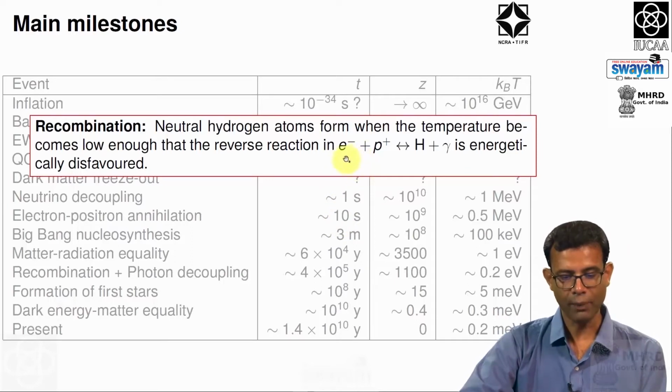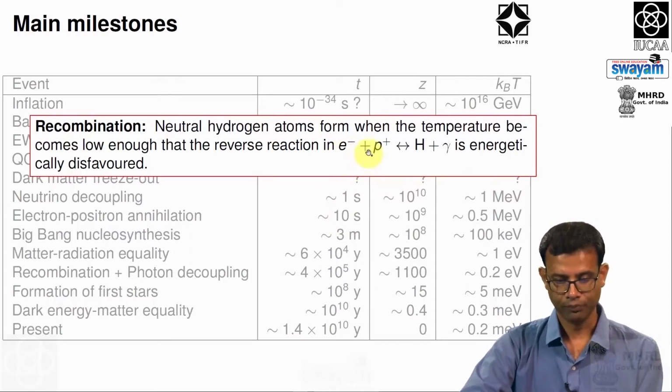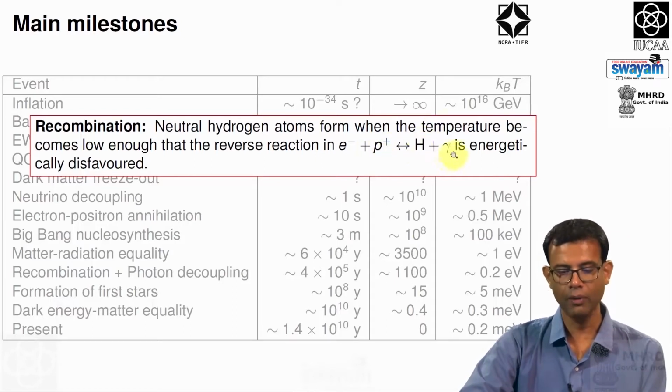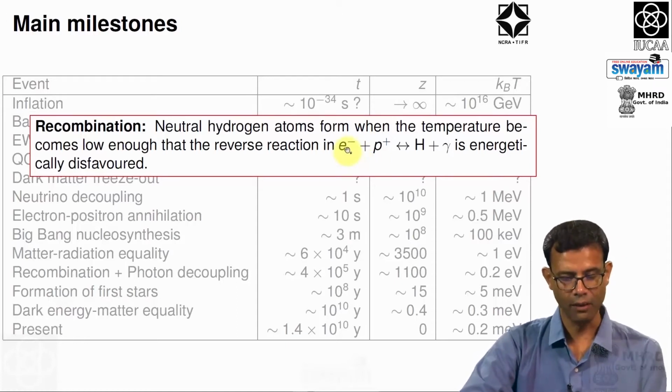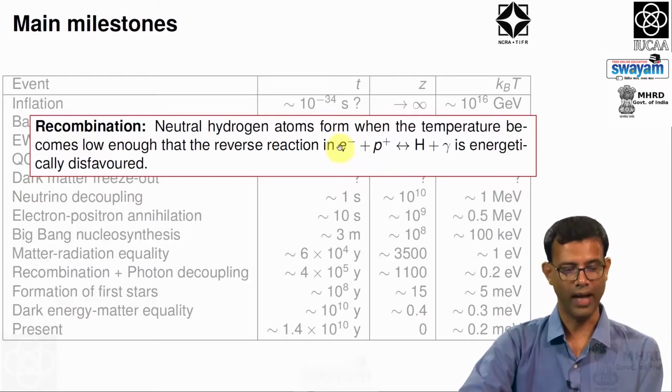Before this, what was happening is the electrons and protons were forming hydrogen, but they were immediately being broken down by photons. So, one would have reached some kind of an equilibrium like this, but when the temperature becomes low enough, the reverse reaction, that is hydrogen plus photons going to electrons and protons, the ionization basically, becomes energetically disfavored, and that is the time you start forming stable atoms.